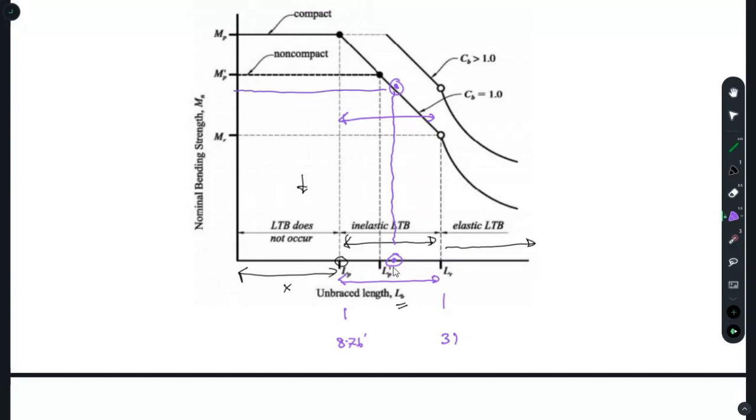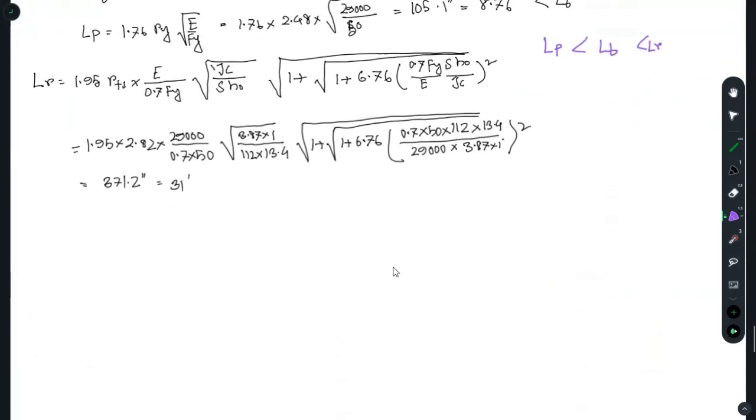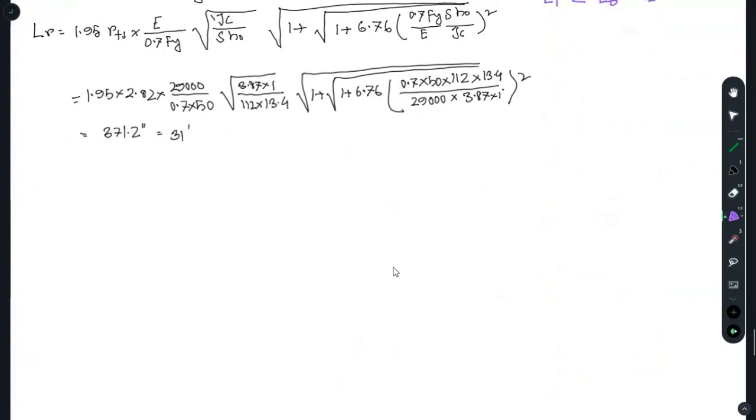What is this value? So we'll find this value with an equation. The equation will be given in exams. The equation is a bit long, but not that much. The equation is Mn is equal to Cb. Cb is actually a factor. I won't go into that much detail. Just a factor that will be given. The factor is given for non-uniform moment variation.